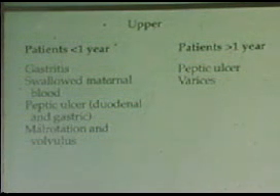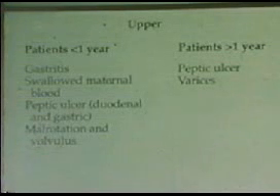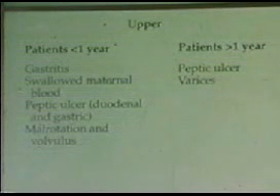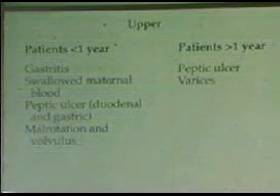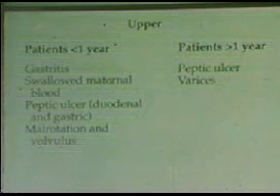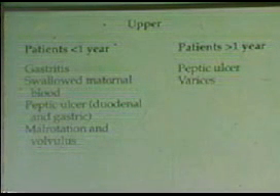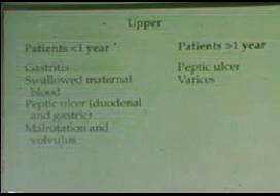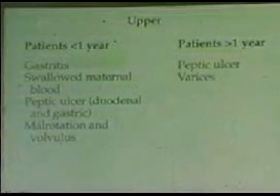Now, babies less than 1 year of age, also think of ulcers or malrotation and volvulus. As far as lower GI bleeding in a less than 1 year old, anal fissure is number one. And I think there it is, anal fissure.